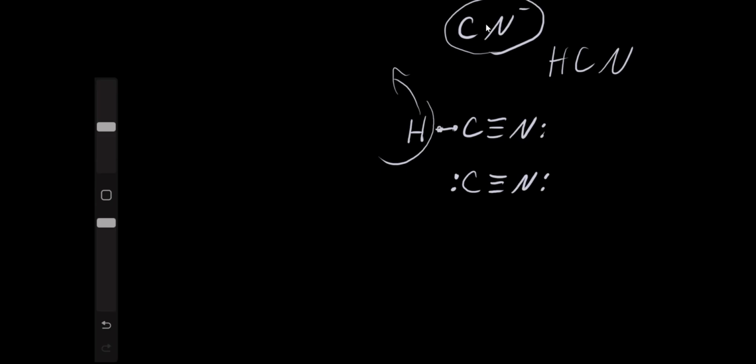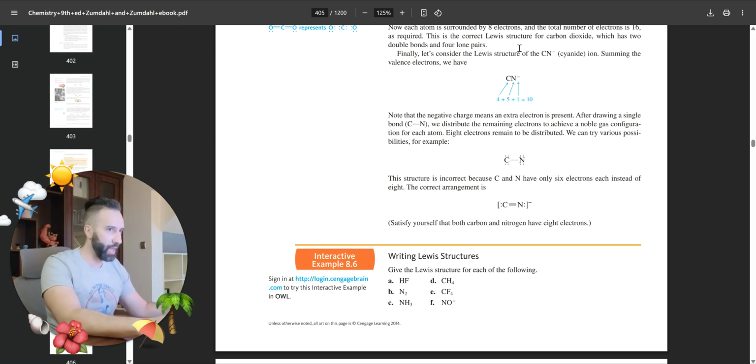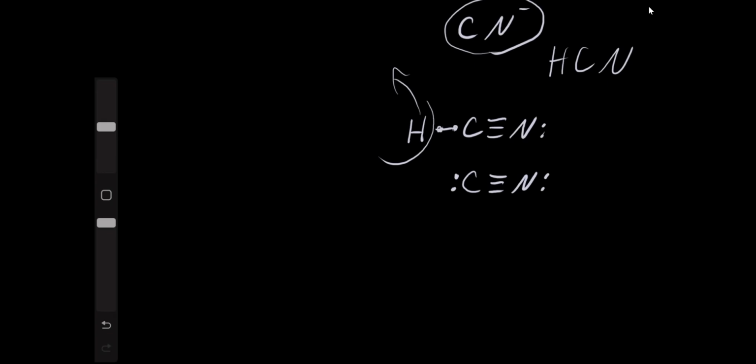You can see it says CN minus here. Should I put the minus on this element, or should I put the minus on this element? That's determined by, if you want to know on which element the minus is exactly, you take this bond and you divide it in half. So I want to see how many electrons are there for each of these elements. So look at this now.